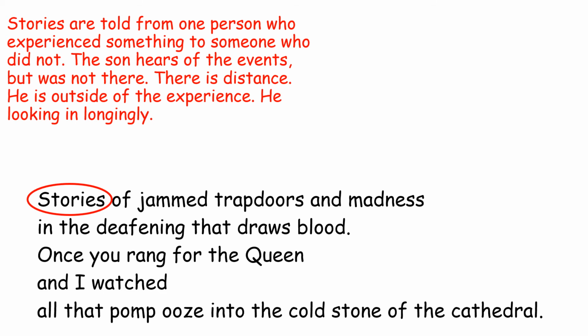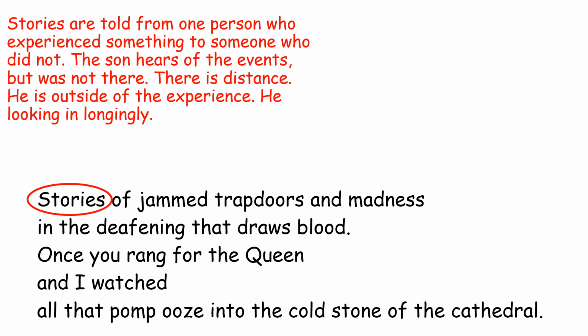Again, that signals the distance between father and son. He seems to be an outsider looking in at his father and looking in at the experience that took place. And he seems to be looking in longingly, desperate that he could join his father in that memory. And yet he always seems to be locked out of that memory. He never gets to share what his father experienced.